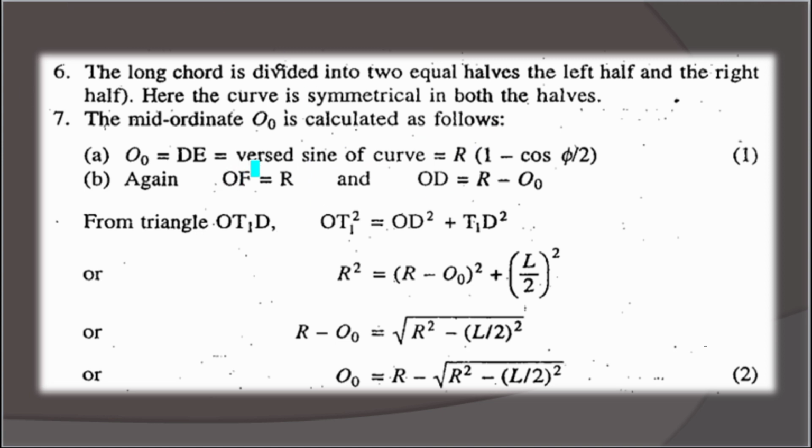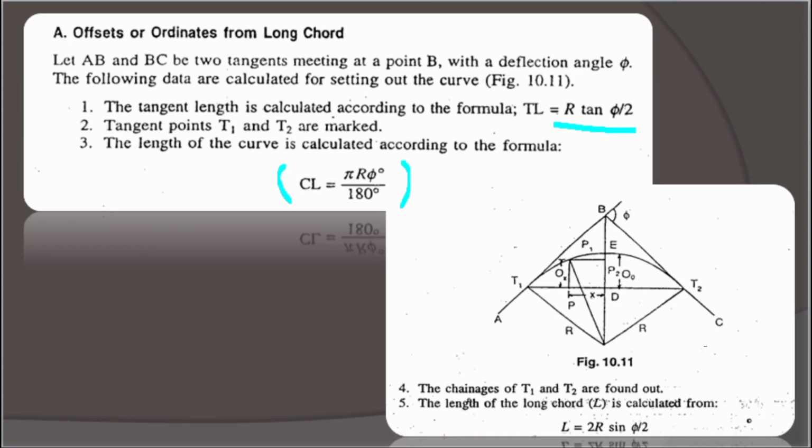I'm sure you have it or you know it. So the versed sine of the curve is equal to R into 1 minus cos theta by 2, where R is the radius, is equal to the distance OF, and OD is equal to, so let us see here.